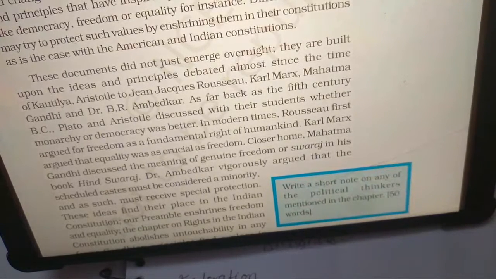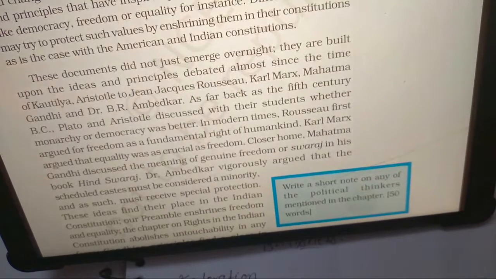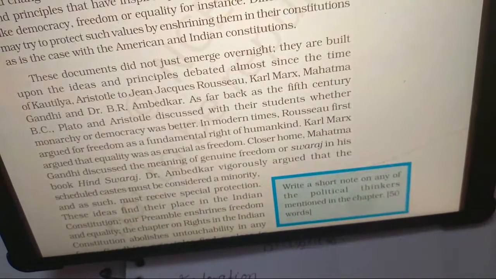These documents did not just emerge overnight, they are built upon the ideas and principles debated almost since the time of Aristotle to Jean Jacques Rousseau, Karl Marx, Mahatma Gandhi, and Dr. B.R. Ambedkar. As far back as the 5th century BC, Plato and Aristotle discussed with their students whether monarchy or democracy was better.